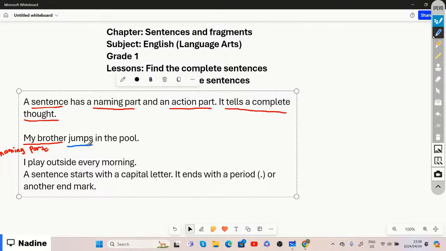It tells us what the brother did, so it's a fragment, or we can say it is the action part.